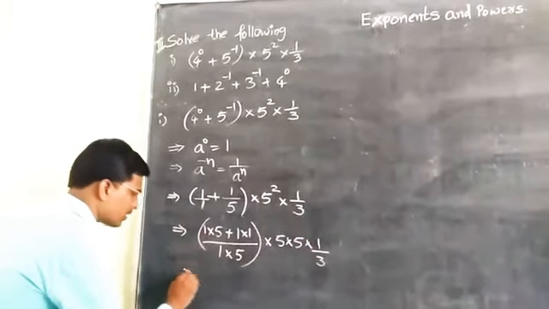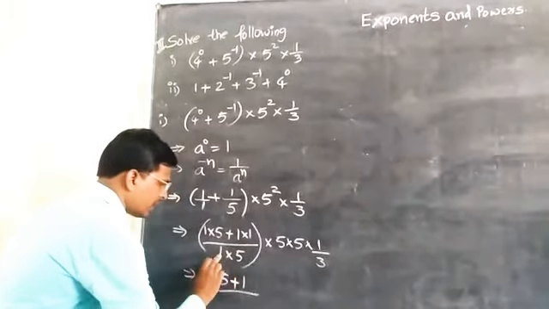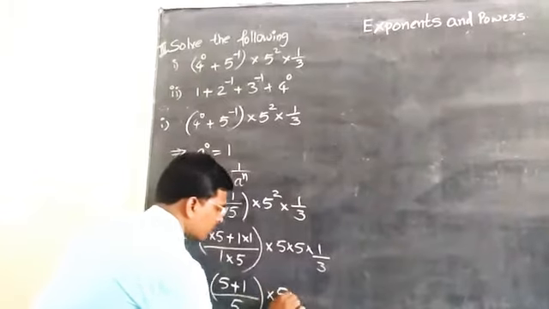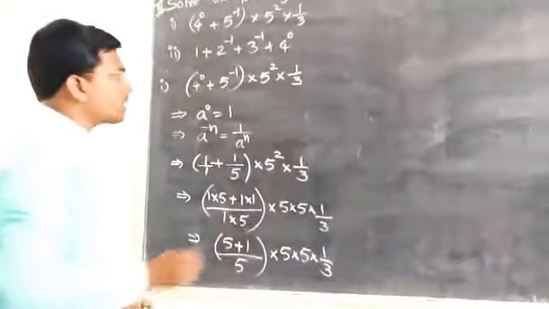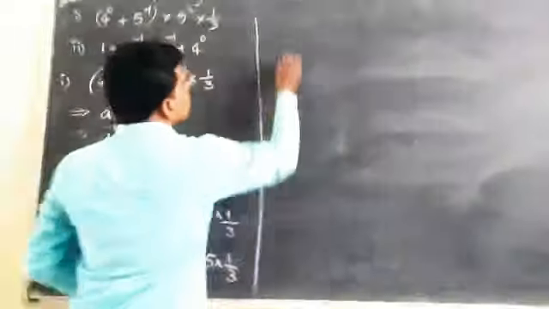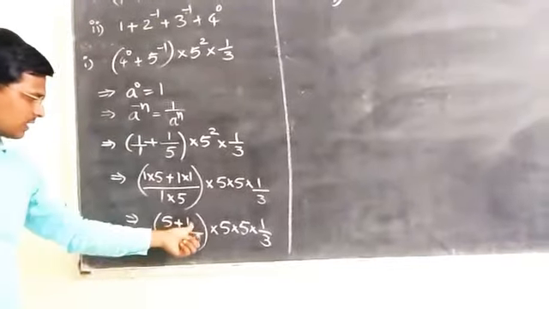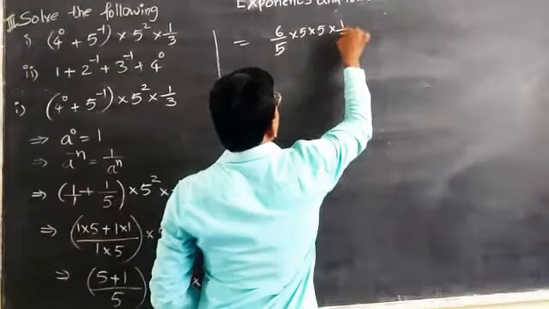So 1 5s are how much? 5 plus 1 1s are 1, divided by 1 5s are 5 into 5 into 5, into 1 by 3. So 5 plus 1 how much? 6. So 6 by 5. See, 5 plus 1 is 6. 6 by 5 into 5 into 5 into 1 by 3.